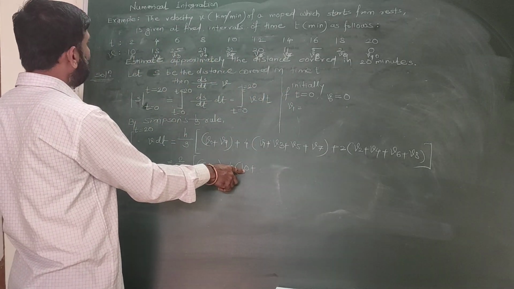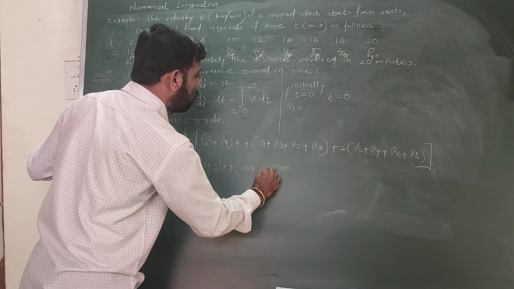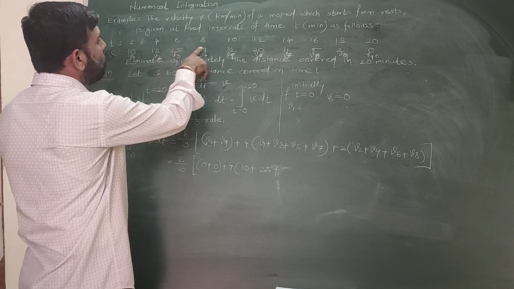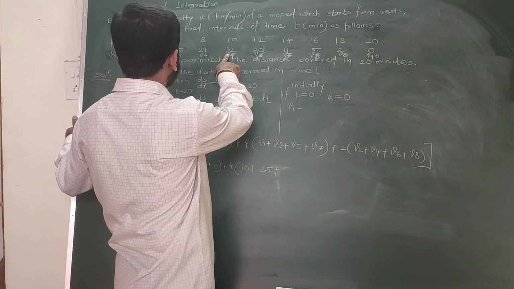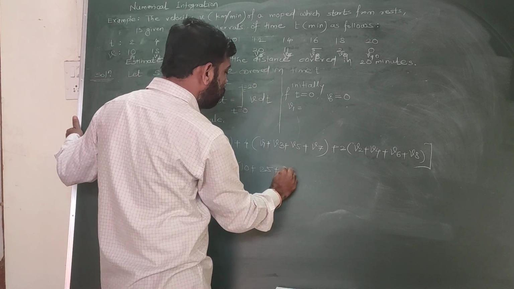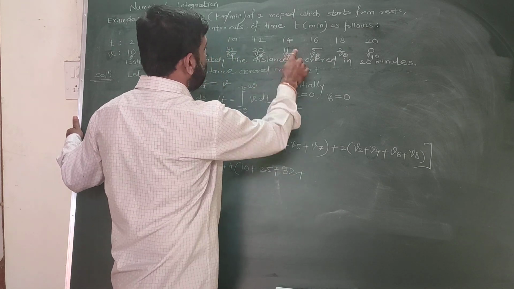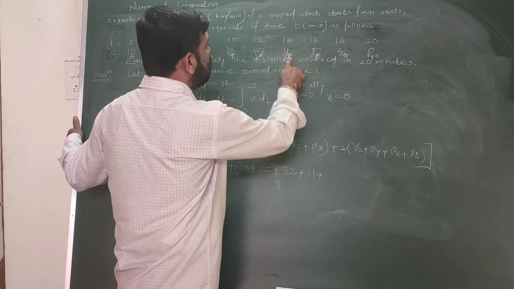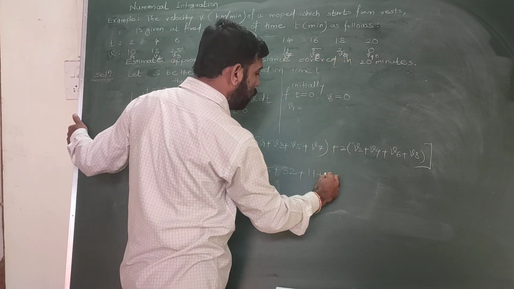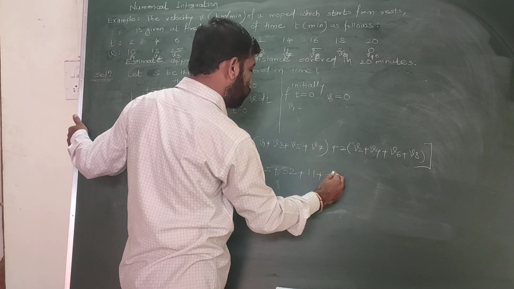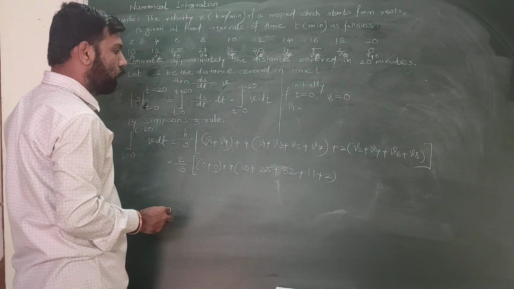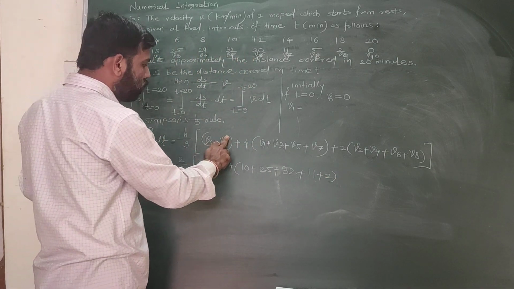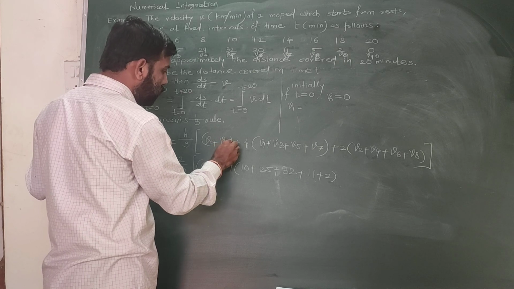First value v1, v3 it is 25, then v5 32, v7 11, and v9 that is 2. Again there is some change in the formula that I have to correct.